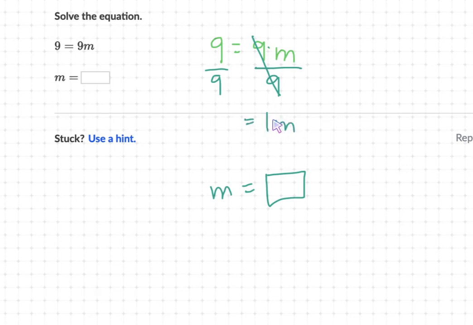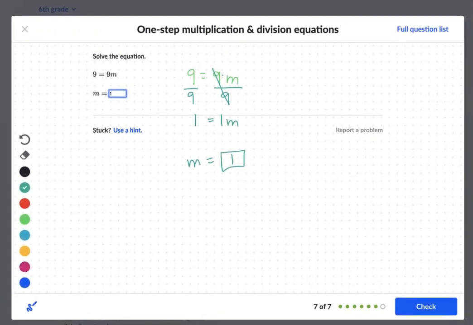You can put 1m there, or you can just leave it as m. 1m and m are the same. Then 9 divided by 9 is 1. So that means m is equal to 1. 9 times 1 is equal to 9. So you're really just taking that operation, this is multiplication, and you're doing the opposite. But you have to do it to both sides.